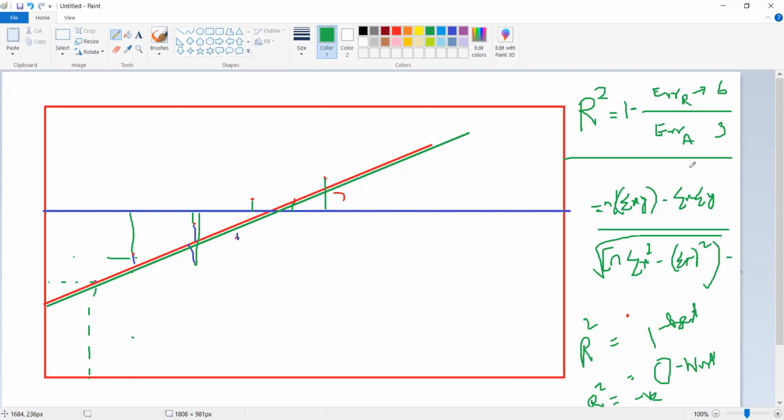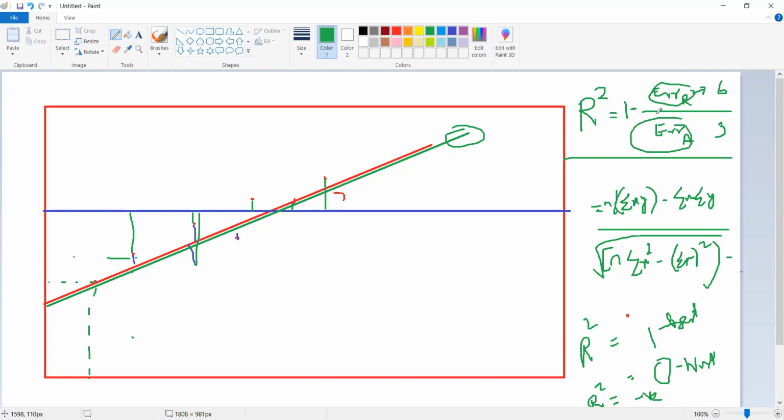It can be negative theoretically when the error on the regression line is greater than the error on the average line. But practically it can't be, because what did we say? We said that the line with the least error is the regression line. So this cannot be more than this. In the worst case, they can be the same.